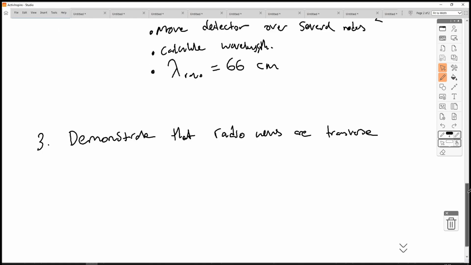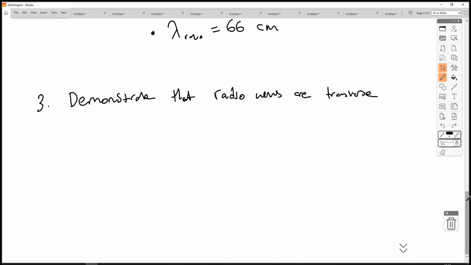And this was quite simple: the radio waves, he found they were polarized. And he found that by generating the radio waves and then rotating his coil around by 90 degrees and finding that the intensity of the waves received by the detector decreased and became 0 at 90 degrees.